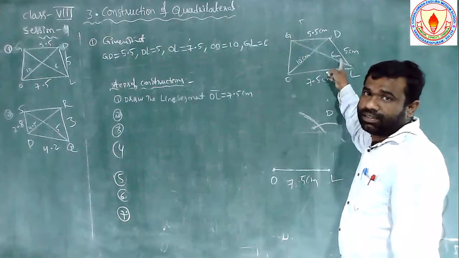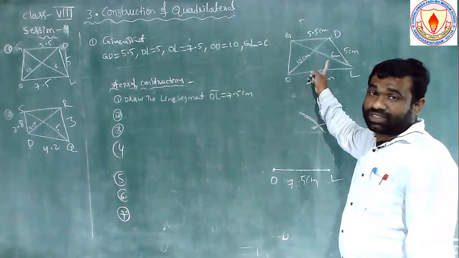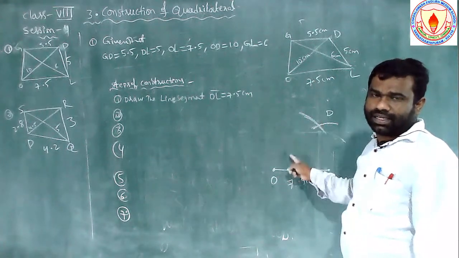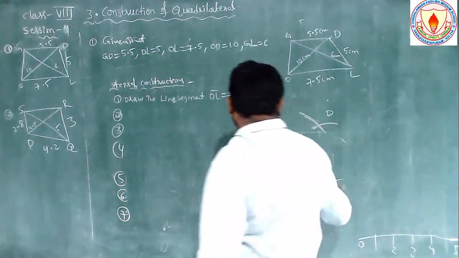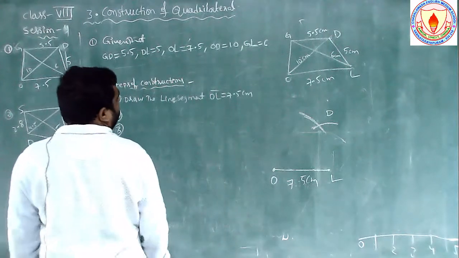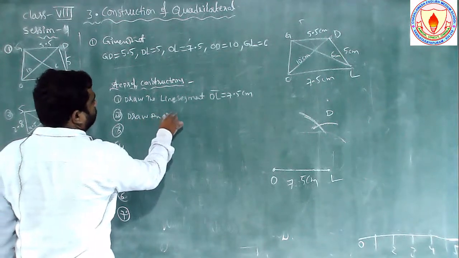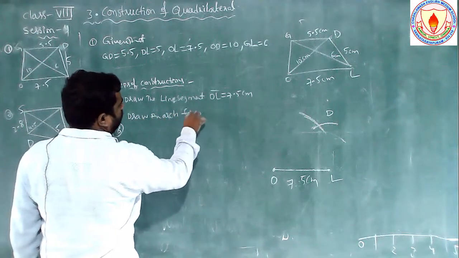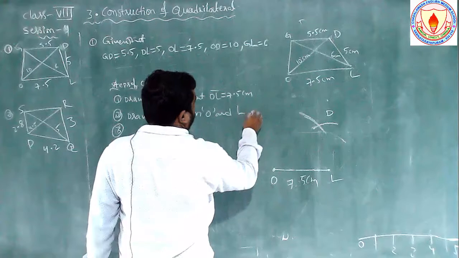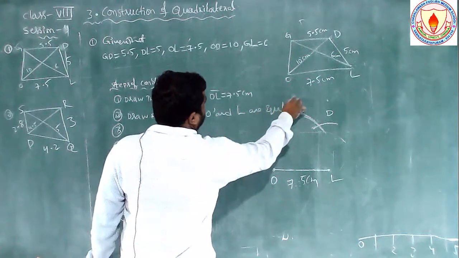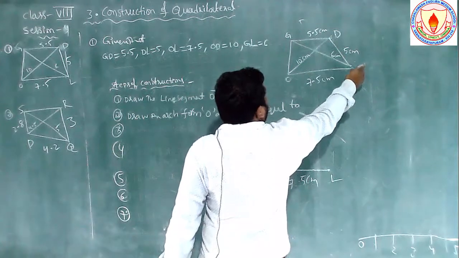Already a rough diagram is there. By using this rough diagram, we have to draw the construction; the rough sketch is very, very important for constructing this quadrilateral. So first of all, draw the 7.5 centimeters OL, and the second point is to draw an arc from O and L. From O 10 centimeters, from L 5 centimeters.